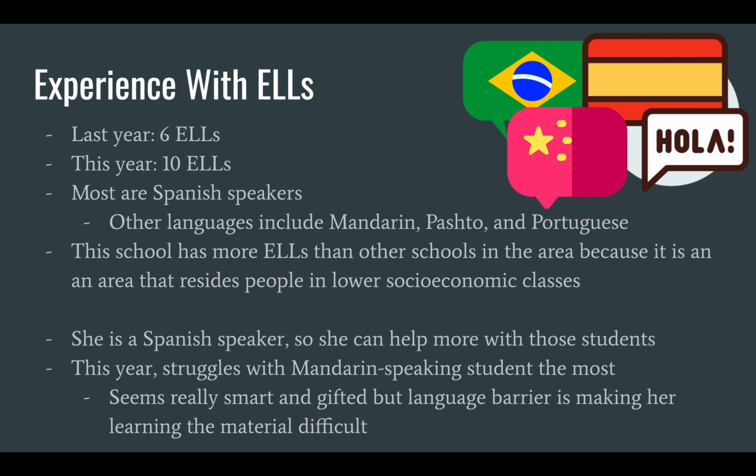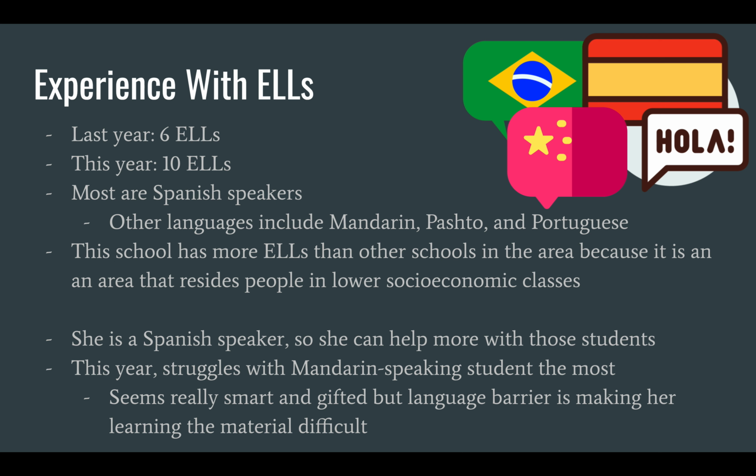She also told me that the area where she teaches, which is Fremont in Northern California, is normally an area that doesn't have a lot of immigrant speakers, but because it's a lower socioeconomic area, there are more. She told me there's lots of apartment complexes and things like that. So there's more ELLs in this school rather than other schools in the area.